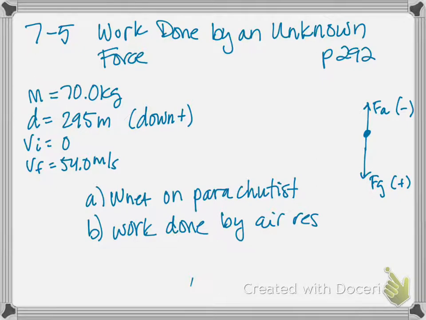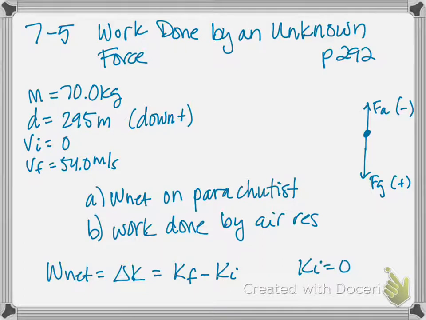So we know we're going to use the work energy theorem to solve this. And so we can write down that the net work done on her is equal to her change in kinetic energy, which is equal to Kf minus Ki. And here we are again, Ki equals 0, because she's going to jump from rest, at least in the y direction.